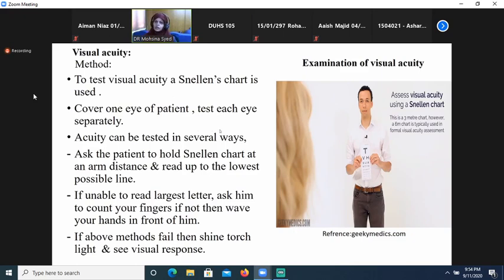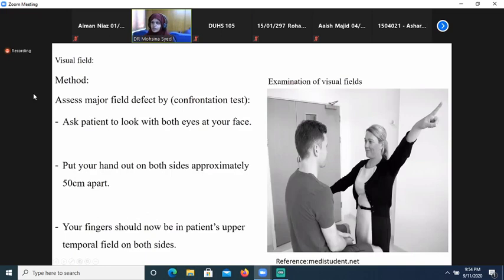Okay, now the visual field. For the visual field, we usually perform it by the confrontation method. The patient and the examiner should be at the same level, at arm's distance, and we ask the patient to look at your face with both eyes.